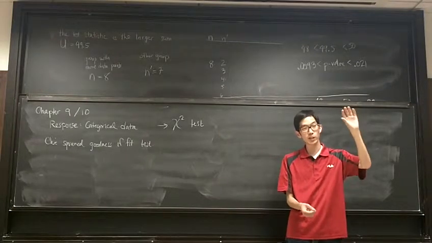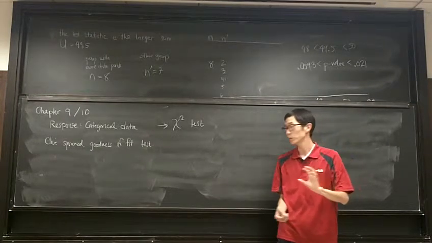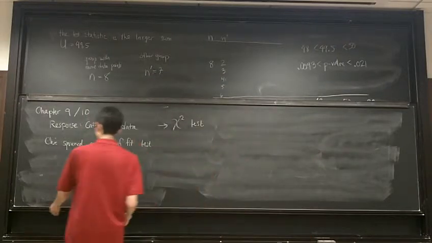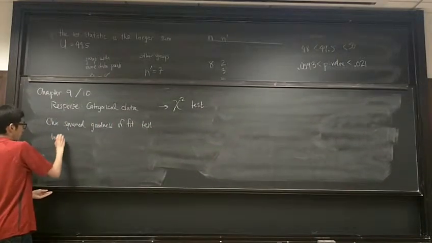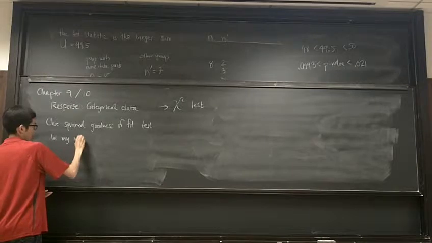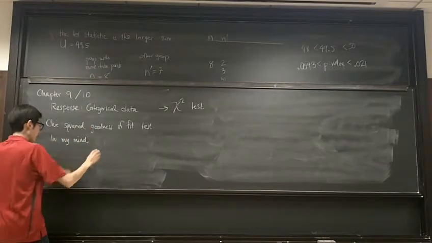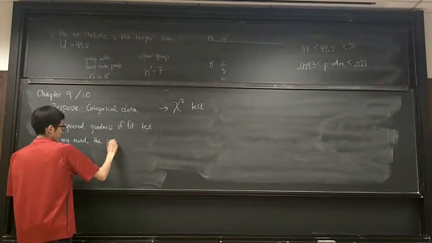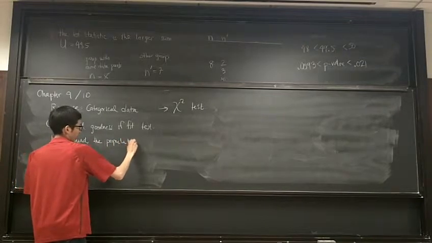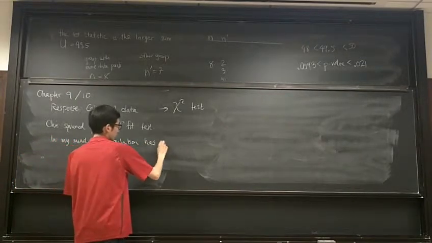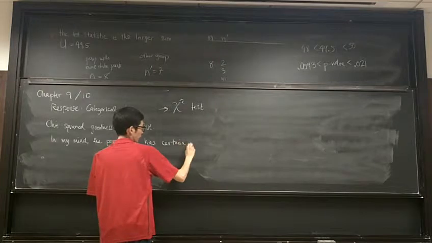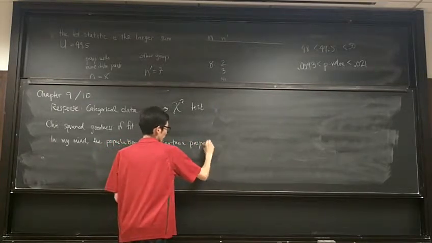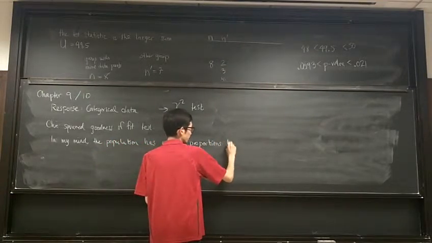Each face should show up 1/6 of the time. So in my mind, the population has certain proportions for each category.